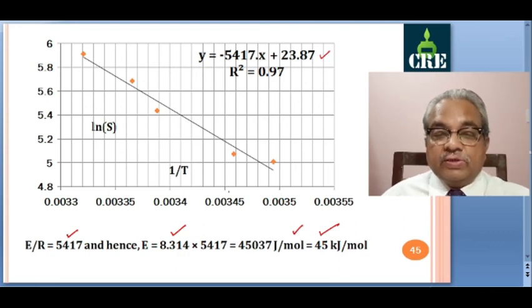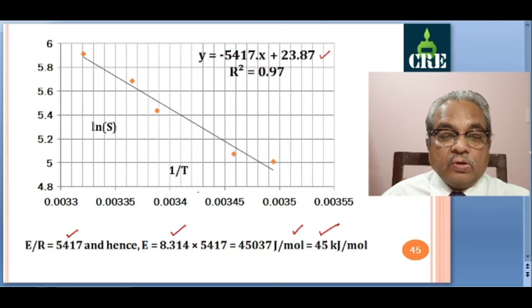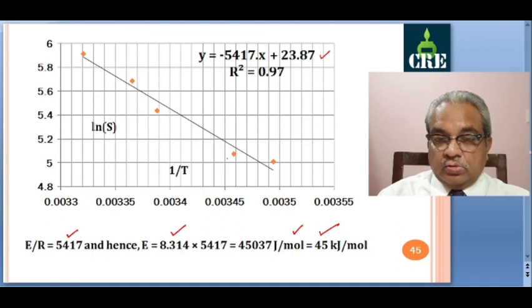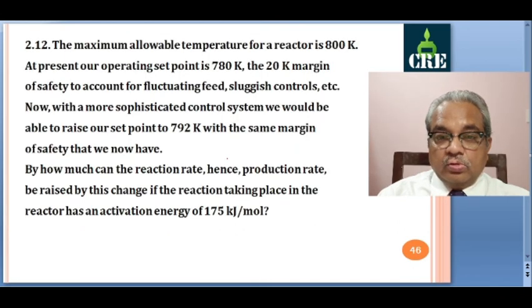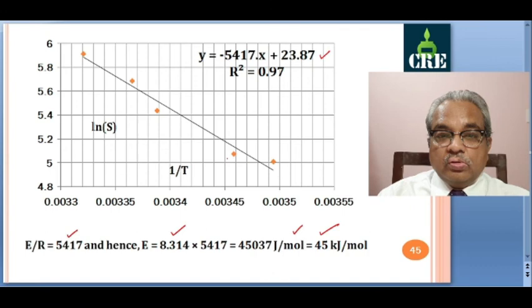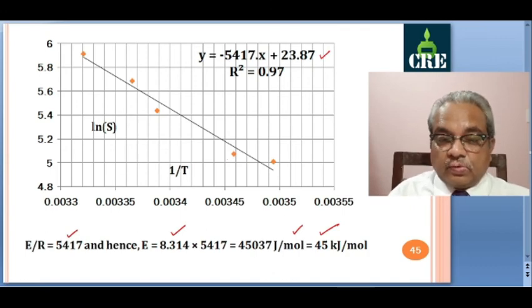So activation energy E is nothing but R multiplied by this slope. Today we will stop here and we'll continue with the remaining problems from this exercise in our next lecture.